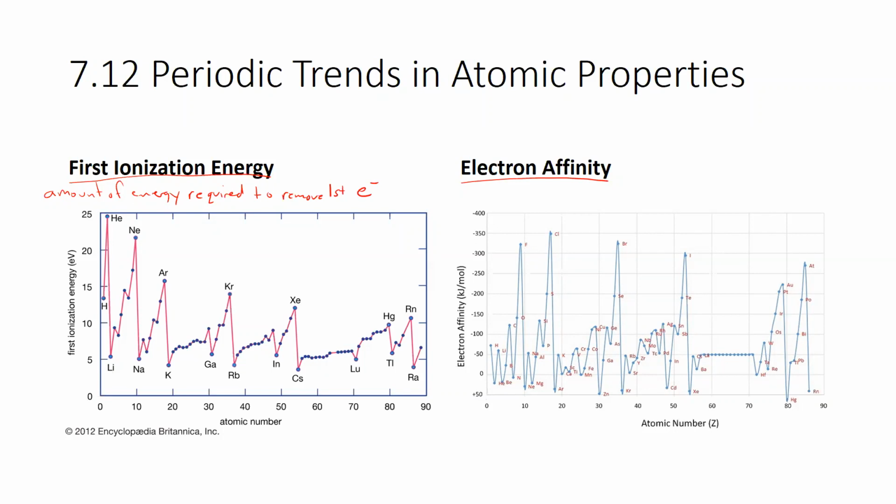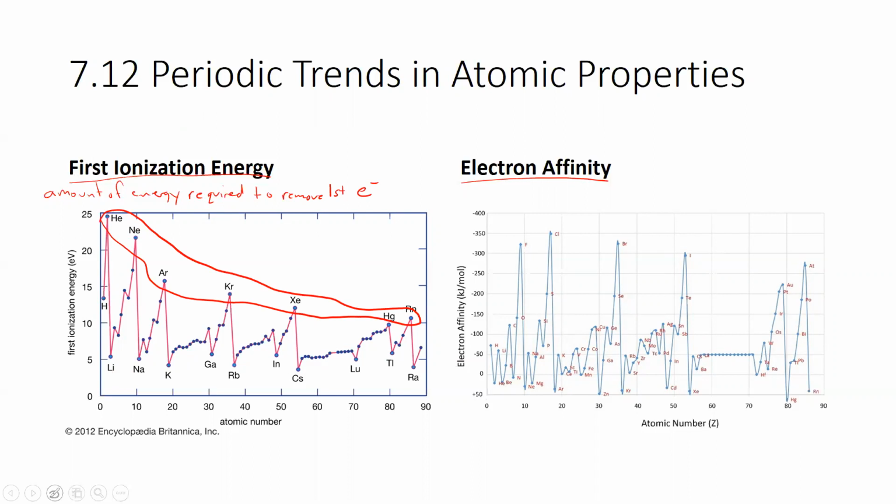And so the trend in the periodic table is such that if you start, and we'll just compare a couple of different groups, in particular the noble gases, right? So you can see there's a decrease in the amount of energy it takes to remove an electron from a noble gas as you go down the periodic table. So there's an overall decrease there.